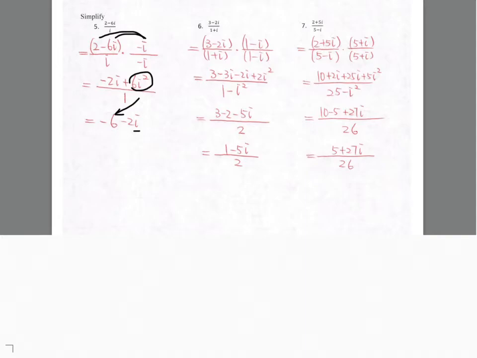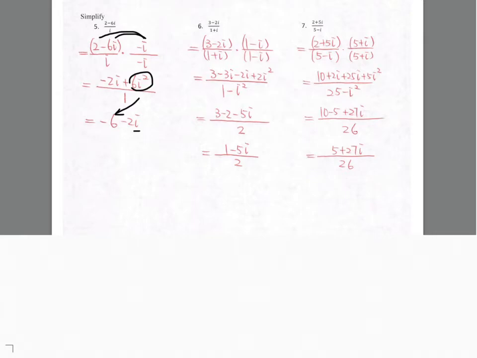Number 6, 3 minus 2i divided by 1 plus i. So again, how do I simplify it? I am going to multiply top and bottom with the complex conjugate of the denominator. What's the complex conjugate of 1 plus i? It's going to be 1 minus i. So I have to multiply top and bottom with 1 minus i.